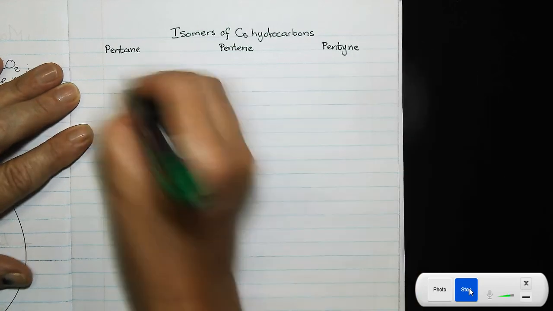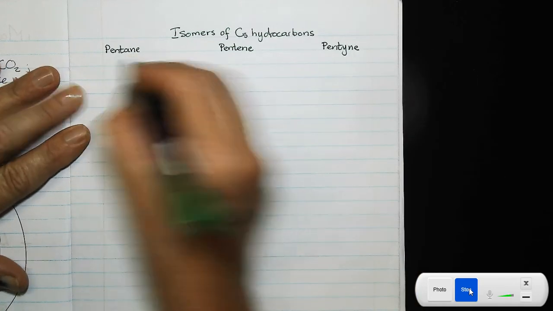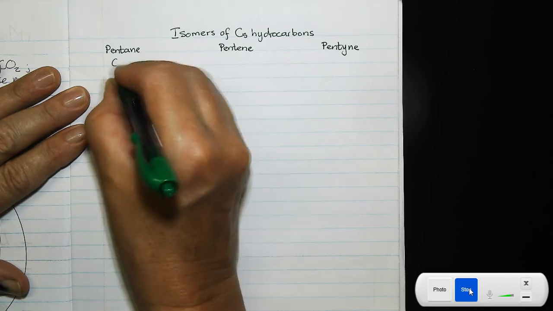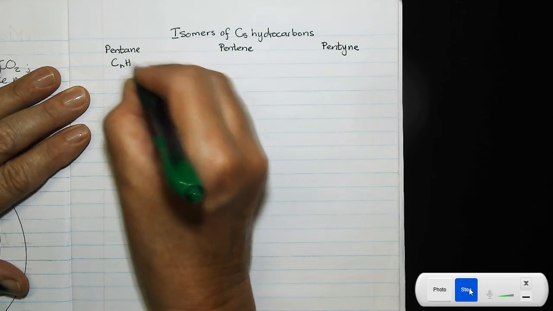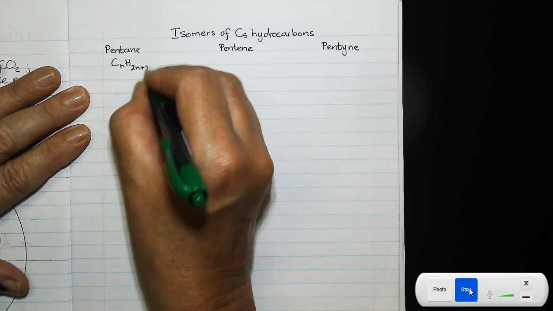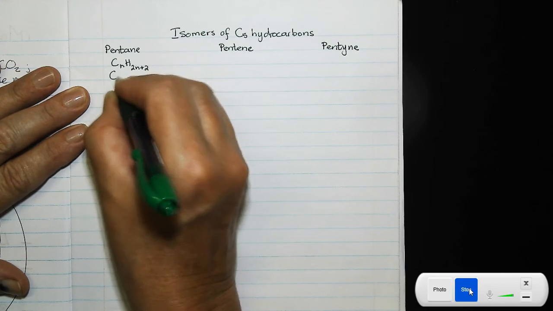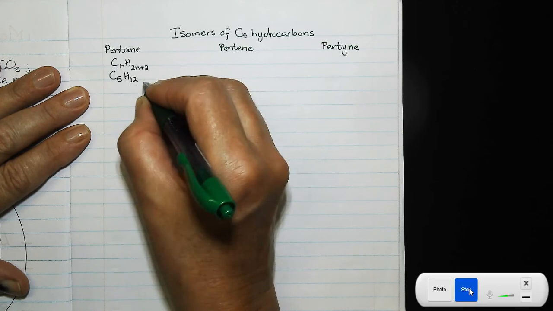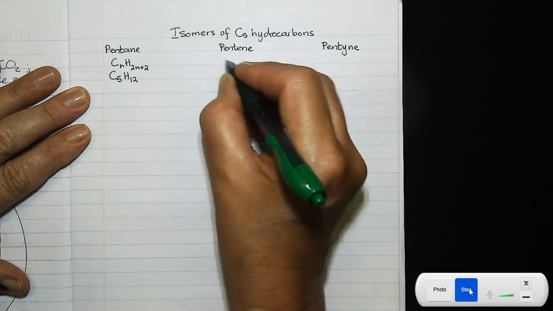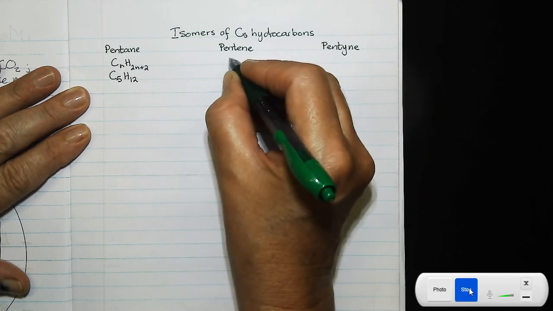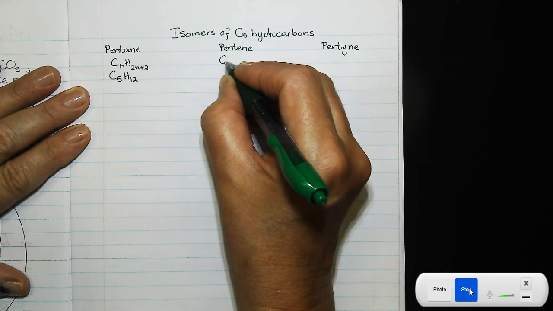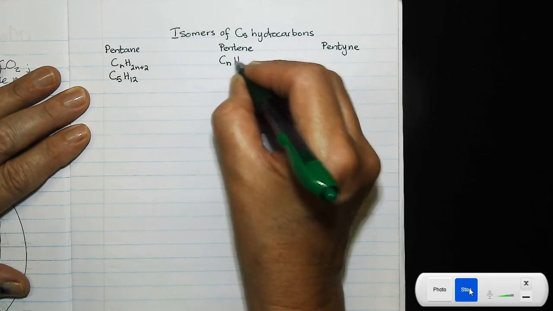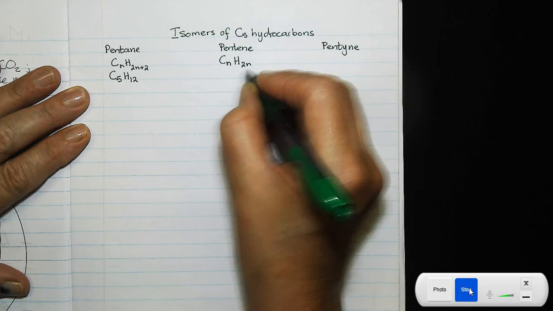The alkane's general formula is CnH2n+2. So pentane will have 5 carbons and 12 hydrogen atoms in it. Pentene is an alkene, so for n carbons, it will have 2n hydrogens.